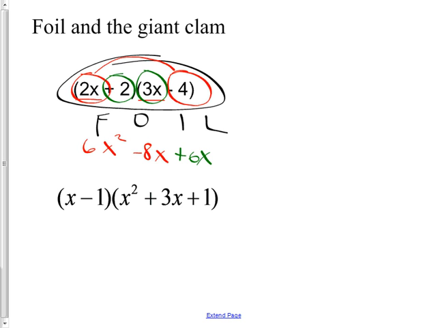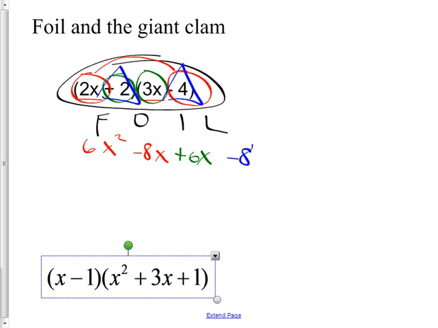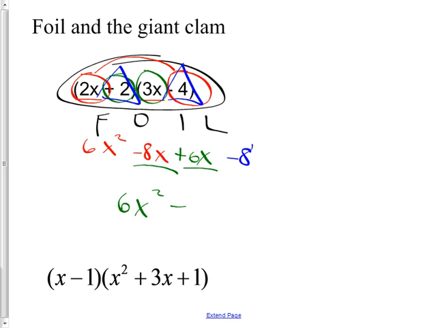And the lasts are the last terms of each respective little binomial. The 2 and that times negative 4 makes negative 8. And you put it all together. These guys can go together because they're like terms. 6x squared minus 2x minus 8. Raise your hand if you had that one right.